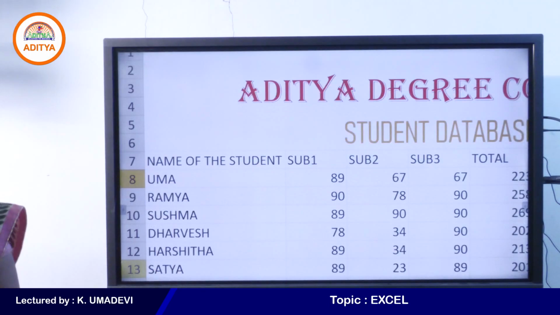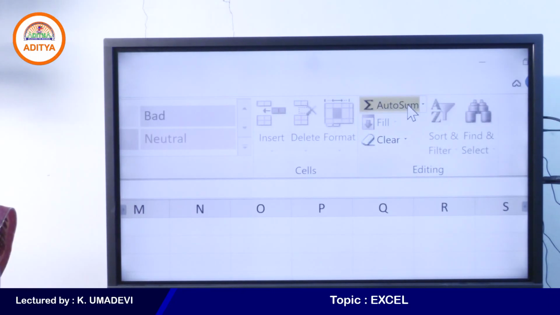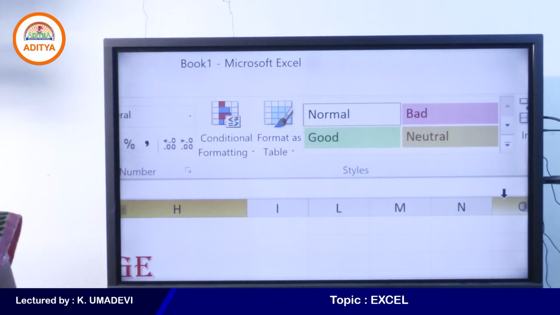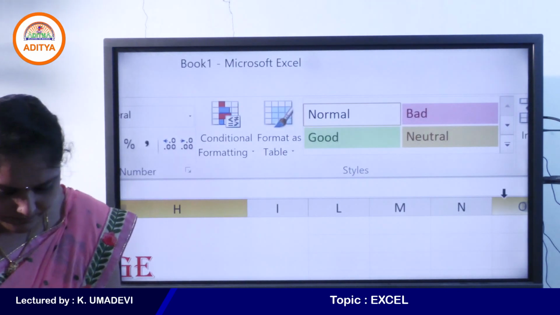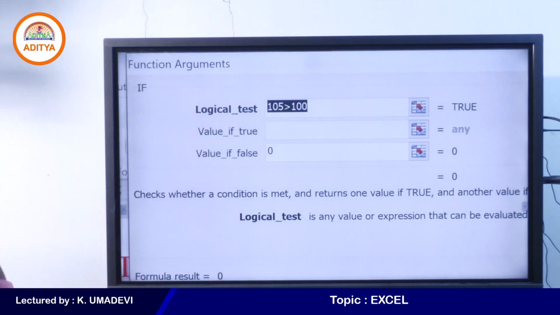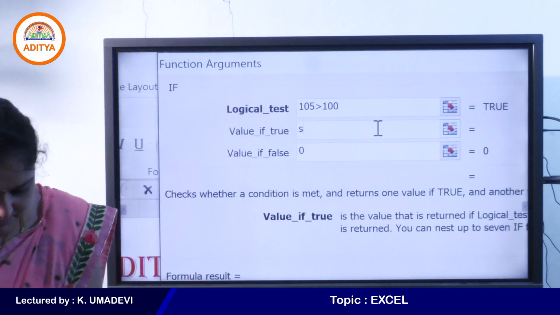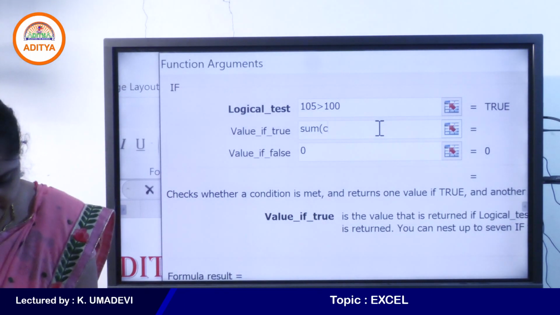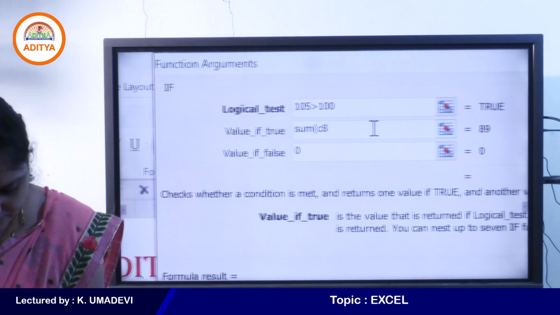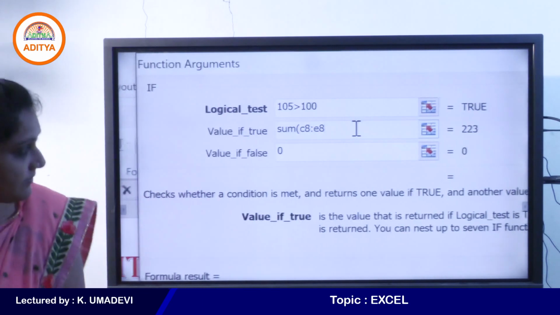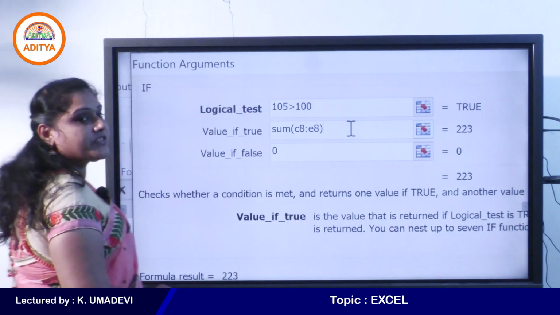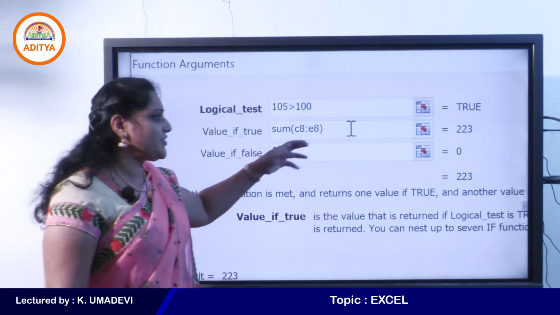Go to AutoSum. One second, students. See, sum of C8 to E8. Okay, sum of C8 to E8. Now the result is 223.